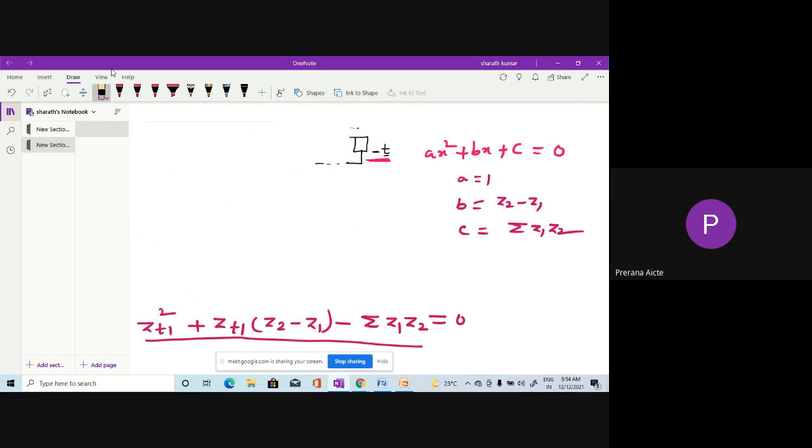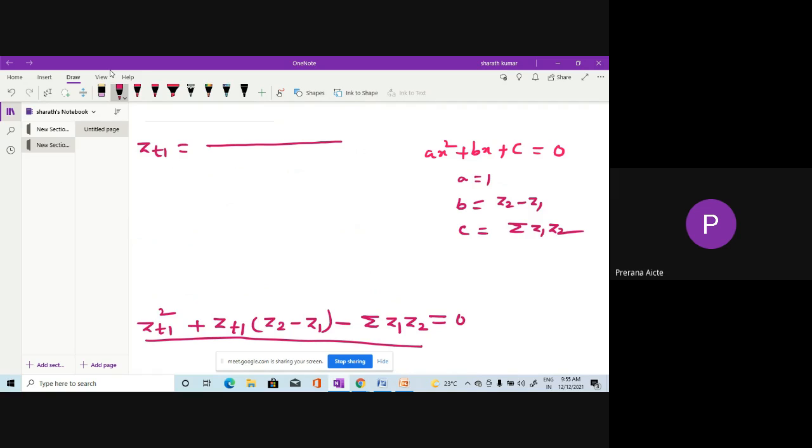If you get a question in the examination to calculate the iterative impedance of a network, you know the roots of a second order quadratic equation. So ZT1 is equal to minus B plus or minus root of B square minus 4AC, divided by 2A, right?